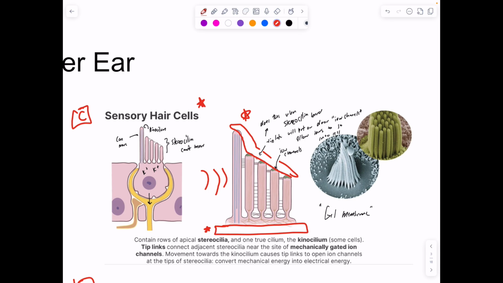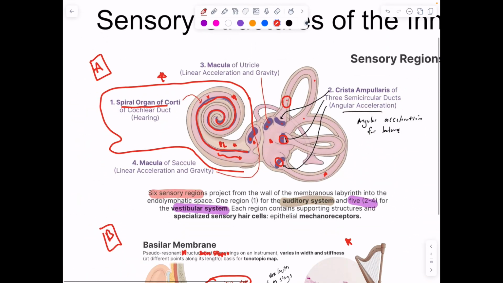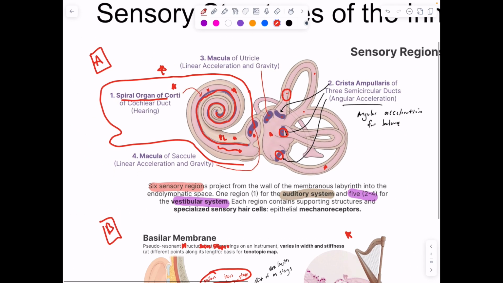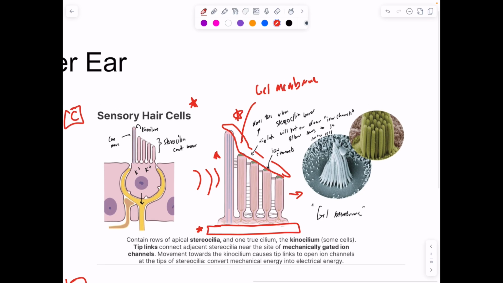Endolymph, the fluid, is going to cause motion of our hair cells relative to this gel membrane. The name of the gel membrane changes depending on if you're in the organ of Corti for the cochlea, or in the maculas of the utricle or saccule, or in the crista ampullaris. But the basic premise is all the same. It's hair cells attached to a gel membrane on the top.